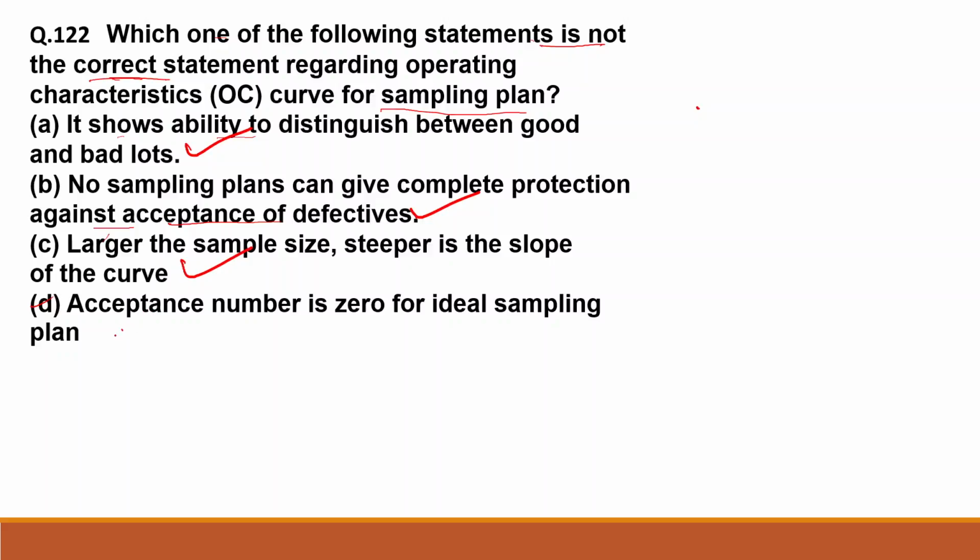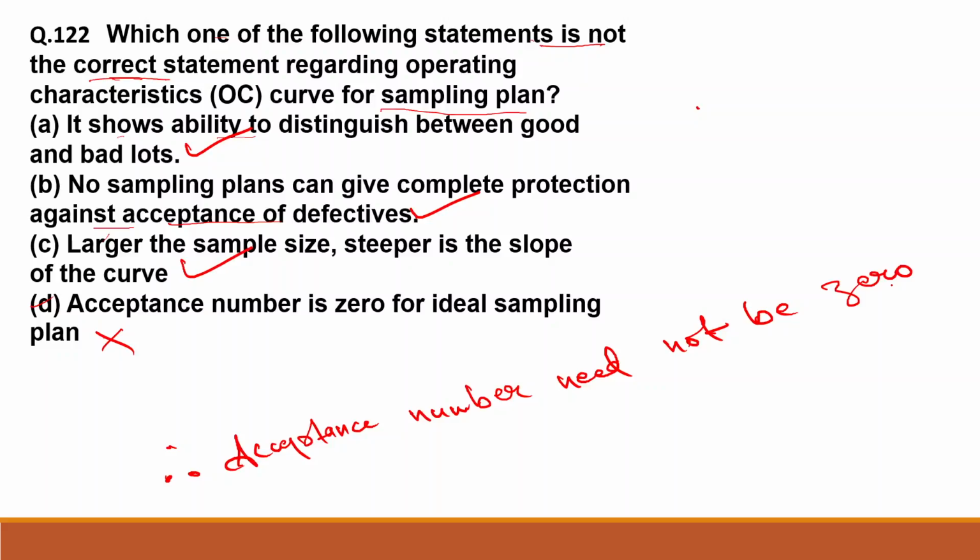This point is wrong, because the acceptance number need not be 0 for ideal sampling plan.